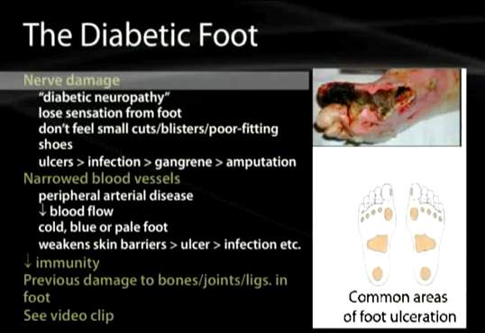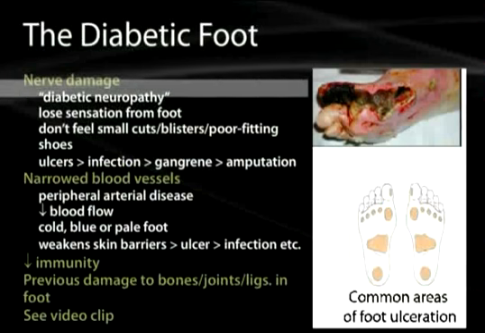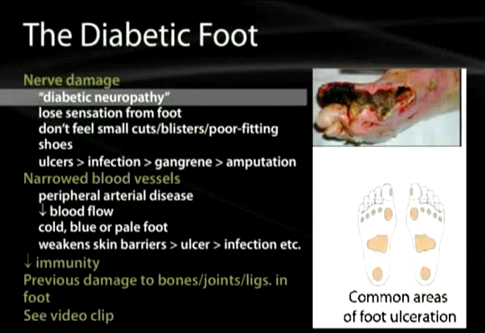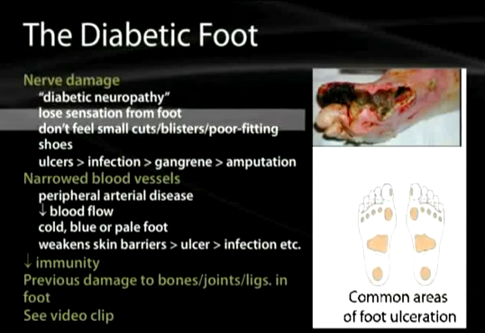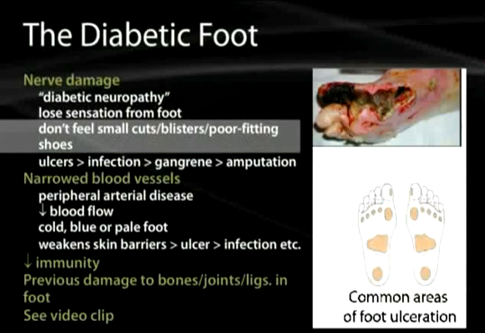One of the other significant issues for lower limb vascular trouble is the diabetic foot. Nerve damage oftentimes happens as diabetic neuropathy, which really is a result of small vascular shutdown around the nervi vasorum, and these vessels will close down first, killing off the nerve, losing sensation, and then people develop cuts, blisters, and ulcerations as a result of poor foot maintenance.